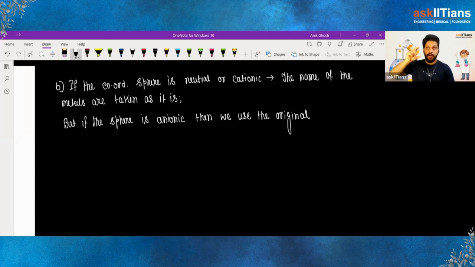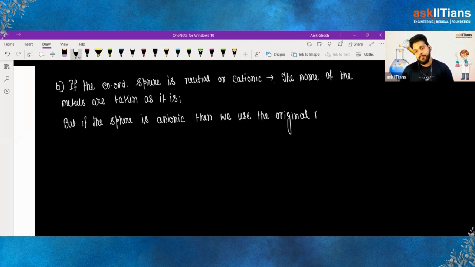Like for iron, we use the Fe. Fe is coming from ferrous, right? So if you use the ferrous term now, you cannot use iron anymore. Platinum anyway, colloquial word is also platinum, original name is also platinum. Forget about that. But let's say we talk about Hg. Hg is called mercury. We can use mercury if it is cationic or neutral. But if it is anionic, we have to use the original name, that is hydrargyrum, tungsten, wolfram. So you have to use the Latin or the German or the origin name, whatever is being given.